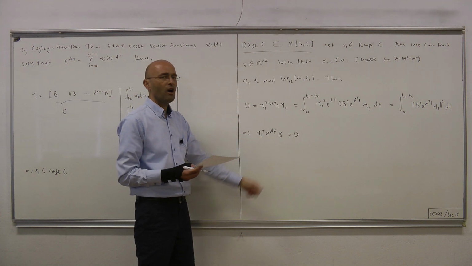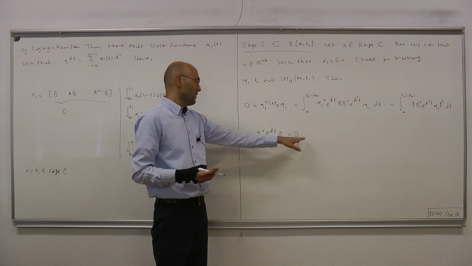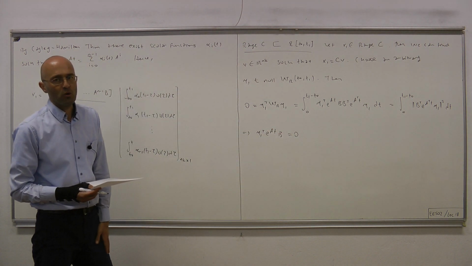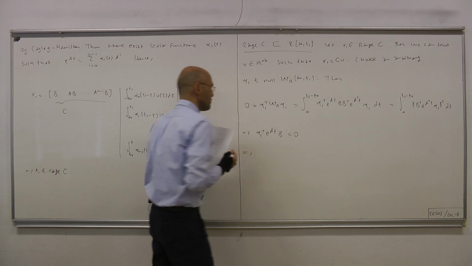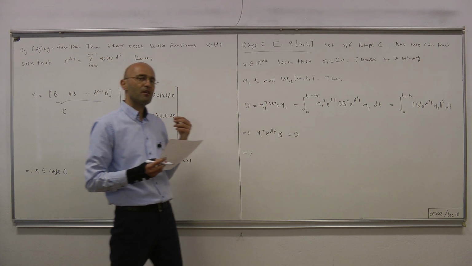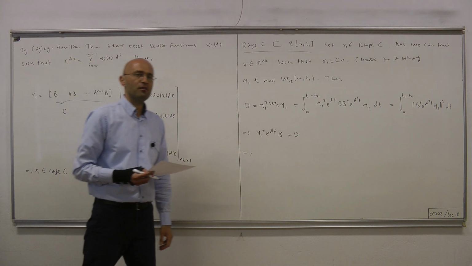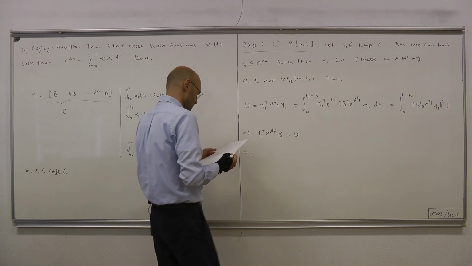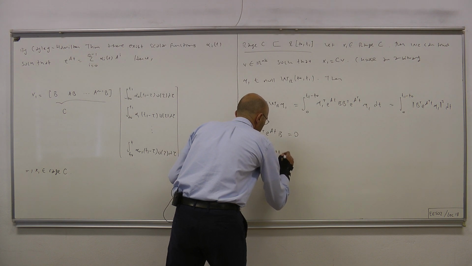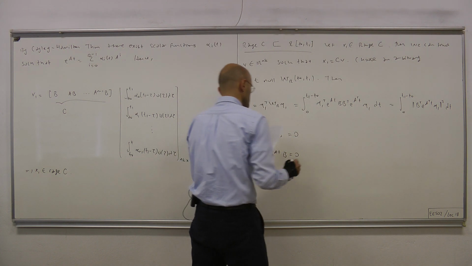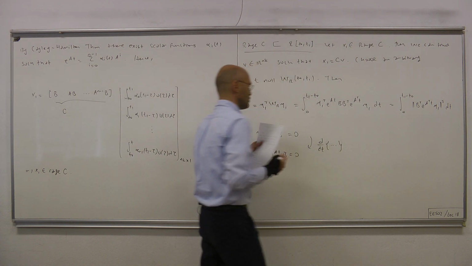Now this is true for all times, therefore this is constant, clearly, which means that its derivative must also be 0. So we differentiate this with respect to time. The only thing that's varying with respect to time is the state transition matrix e^(At). The derivative of e^(At) is A times e^(At), and we obtain eta 1 transpose A e^(At) B equals 0, which we obtain by differentiating both sides.